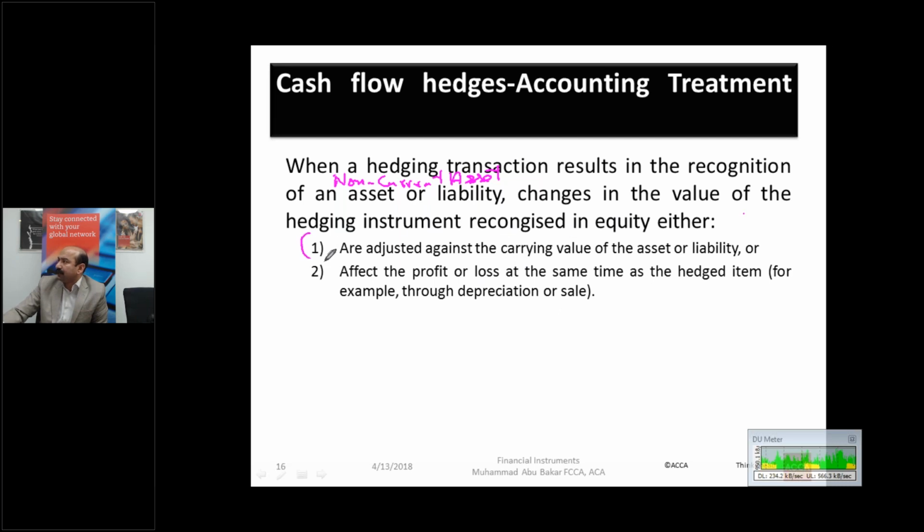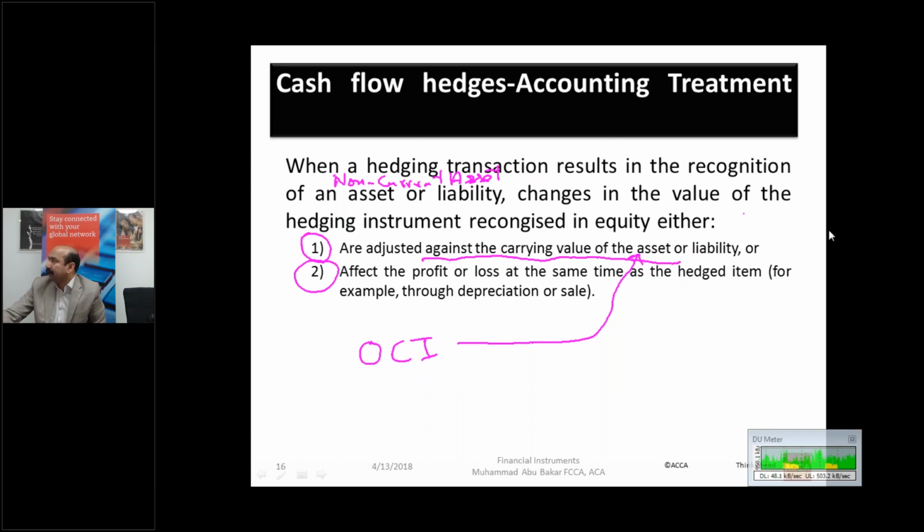You have two options, number one or number two. Here we are going to adjust the carrying value of the asset or liability. The total amount which we recognized in OCI will be transferred to the non-current asset.